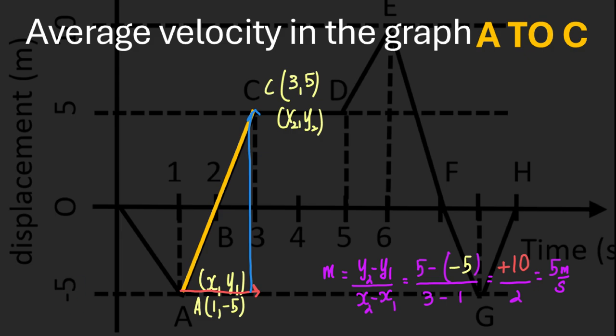So 5 minus minus 5, which is plus 10, and x2 minus x1. x2 is 3, x1 is 1, 3 minus 1, which is equal to 2. So 10 by 2 is 5 meter per second. So the average velocity from A to C is 5 meter per second. And it's very evident because the slope is increasing, which means the average velocity from A to C is 5 times that of O to D.